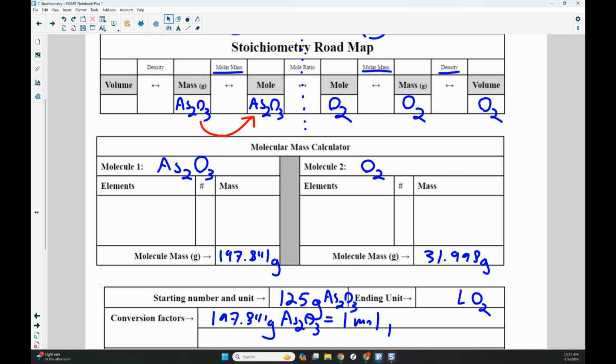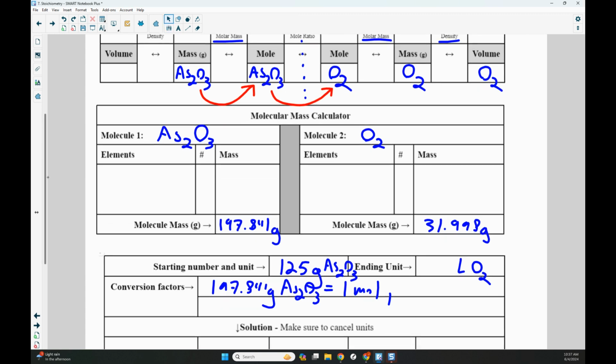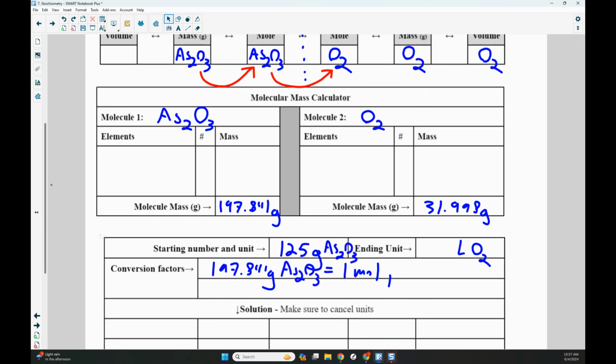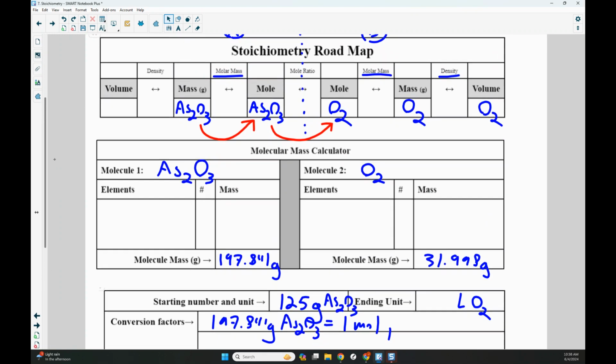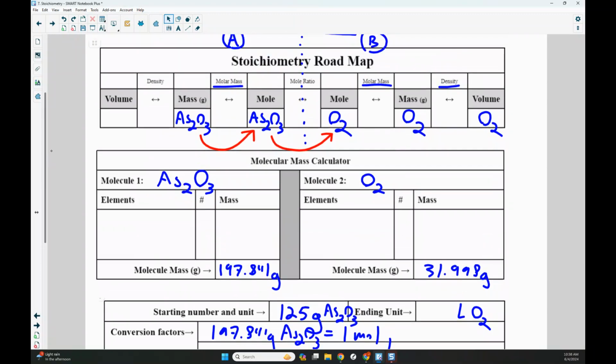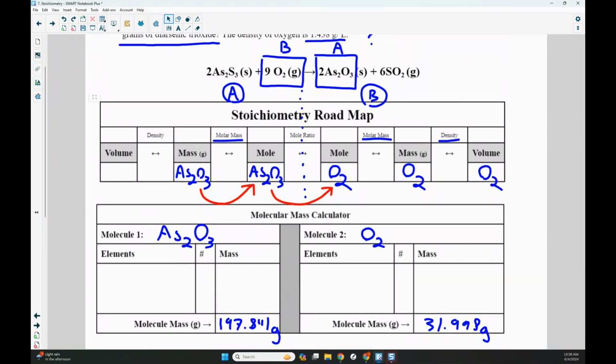My second conversion, I'm going to use my mole ratio to convert from moles of diarsenic trioxide to moles of oxygen. And if I check my equation, I see that for every 2 moles of diarsenic trioxide, I have 9 moles of oxygen.